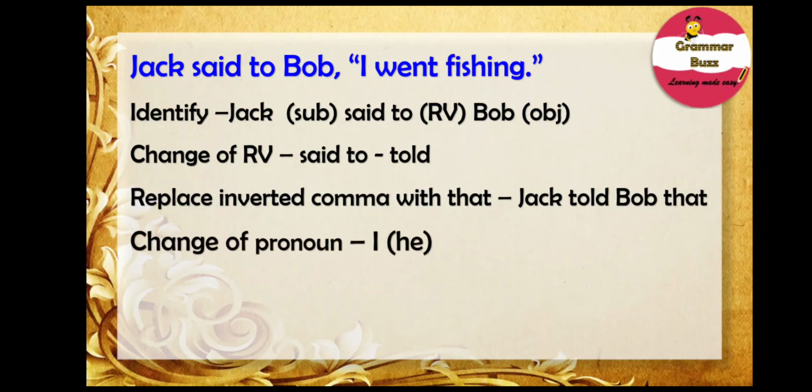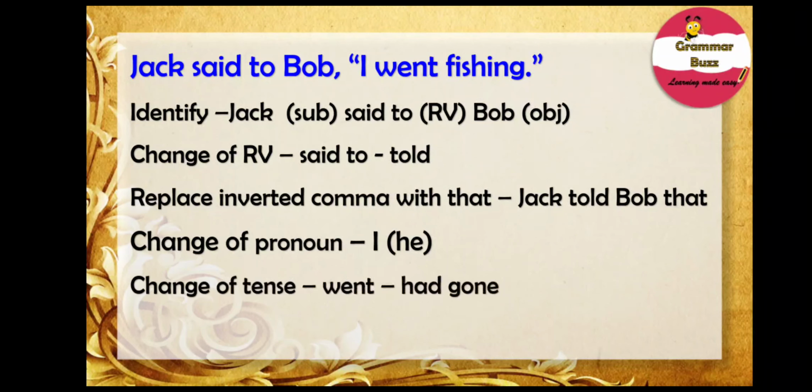The next step is change of pronoun. In this sentence, the first person pronoun I gets converted to he because Jack is the subject. The fifth step is change of tense. So, here the sentence is in past tense, so it gets converted to past perfect tense.